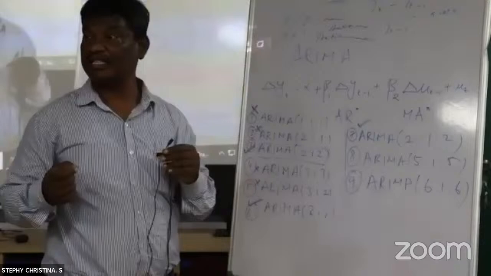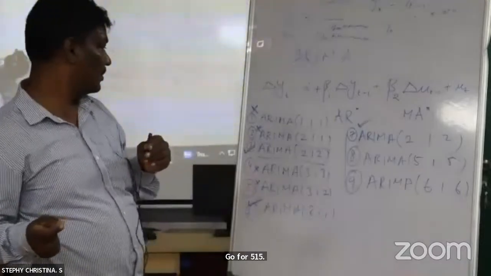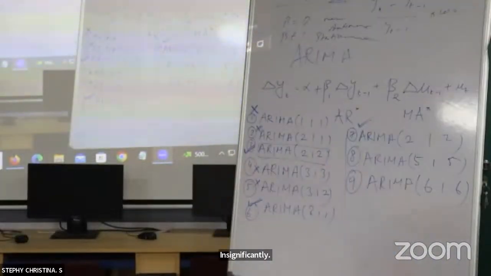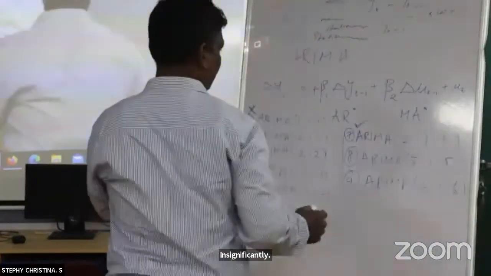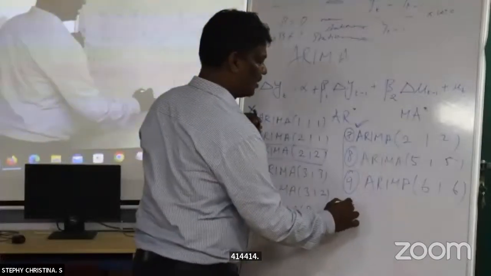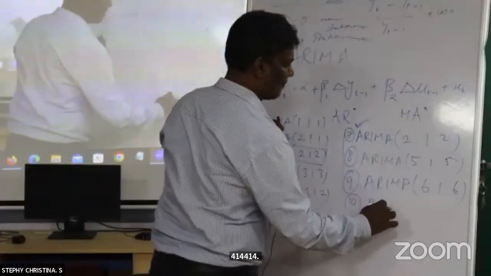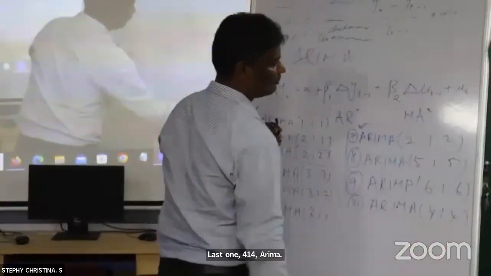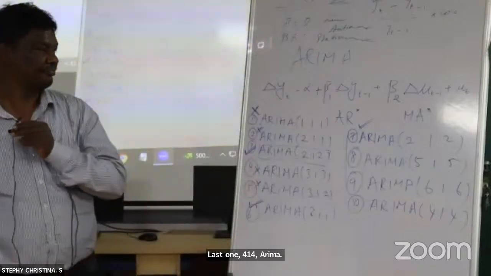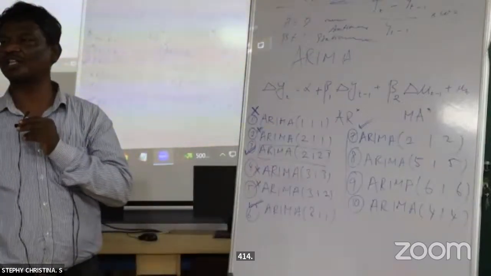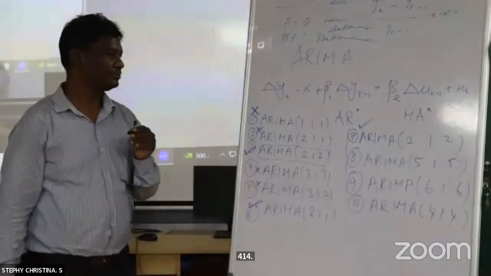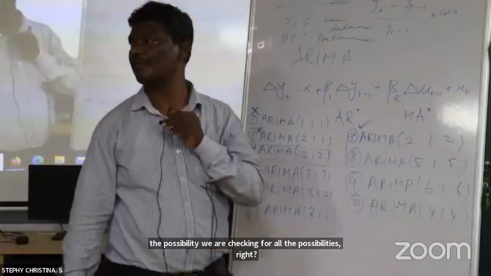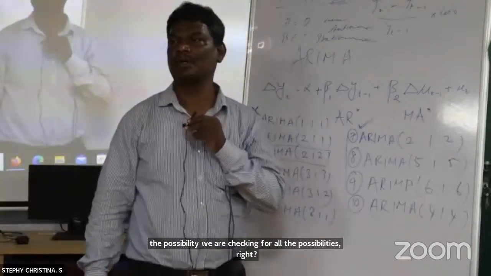Huh? Insignificant. 414, 414. Last one, 414. ARIMA 414. We are checking for all the possibilities, right? So can we accept 515? Can we accept 515?